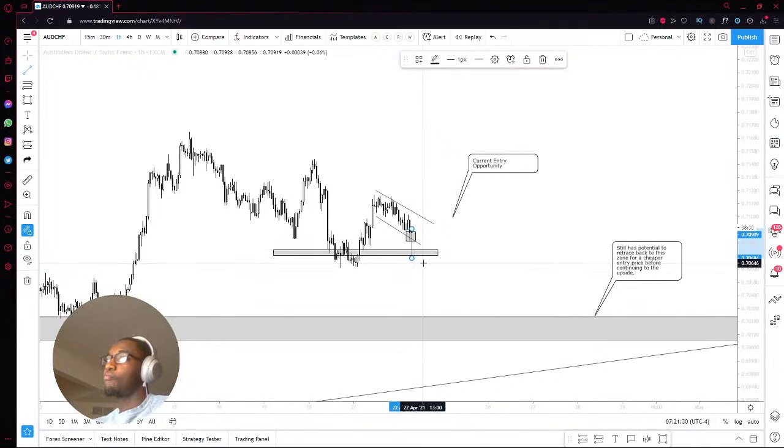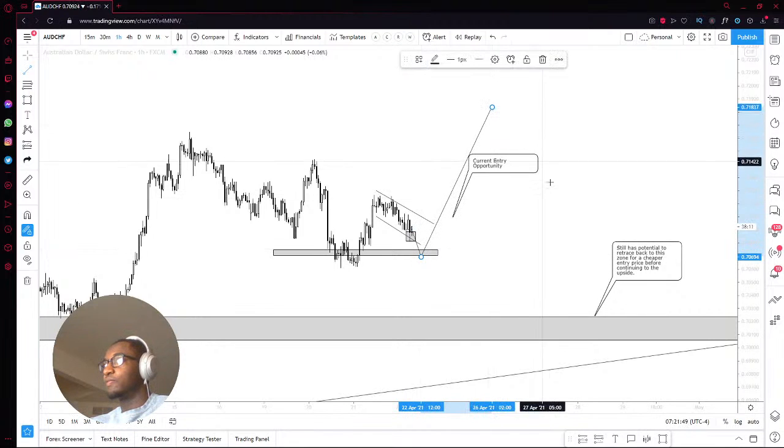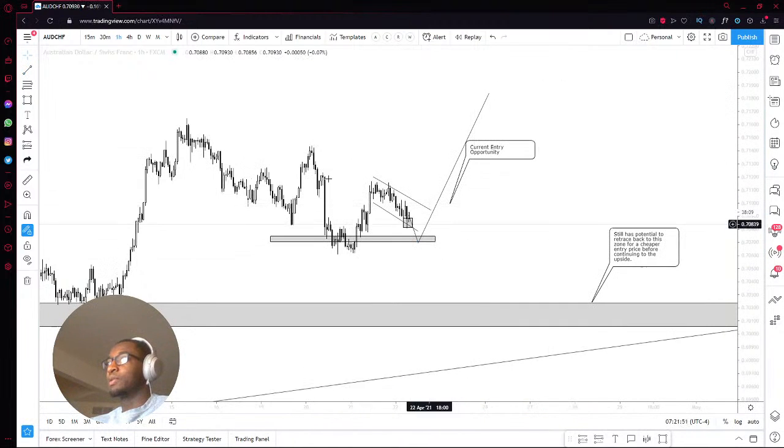I wouldn't wait on that though. If price does come back down here, I don't really like how that's set up. But it could, right? It could offer an entry opportunity there, and the pattern could fail and just continue down.